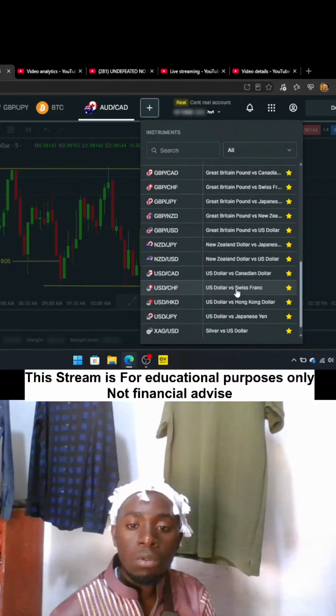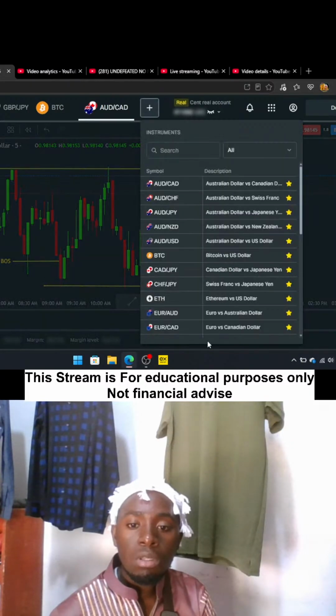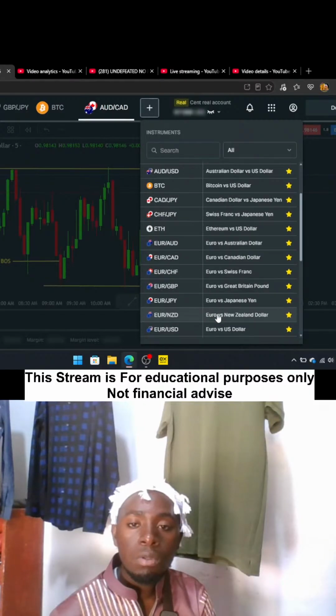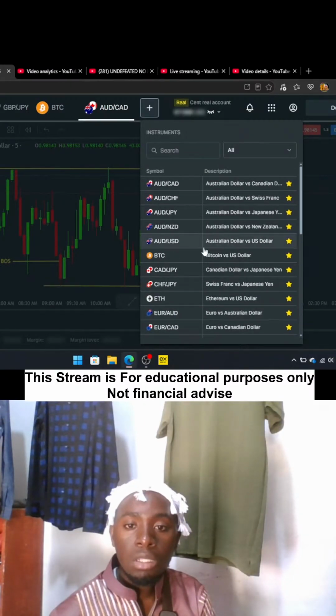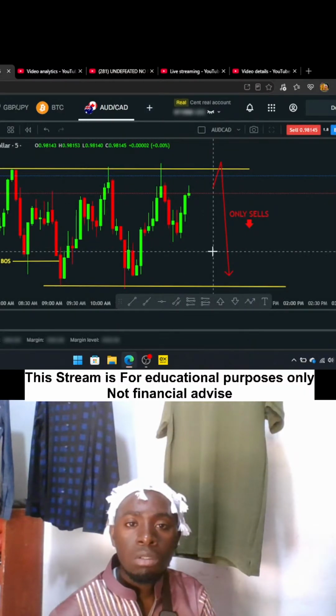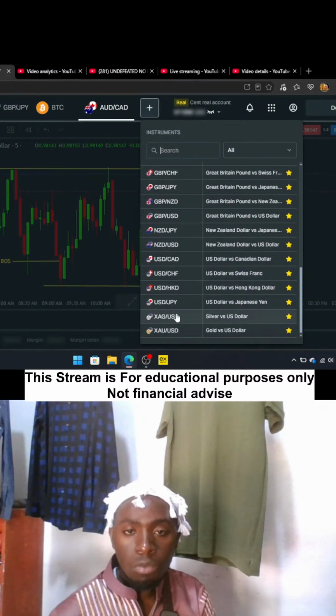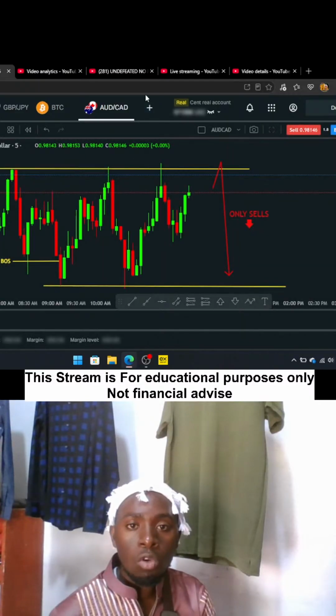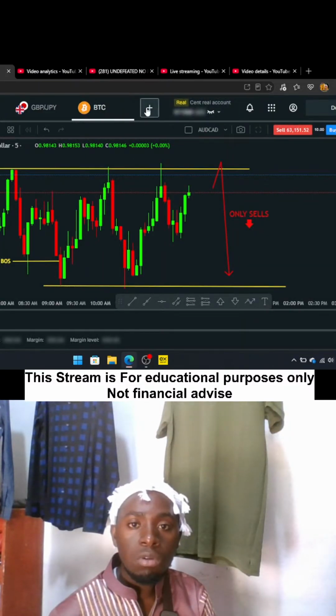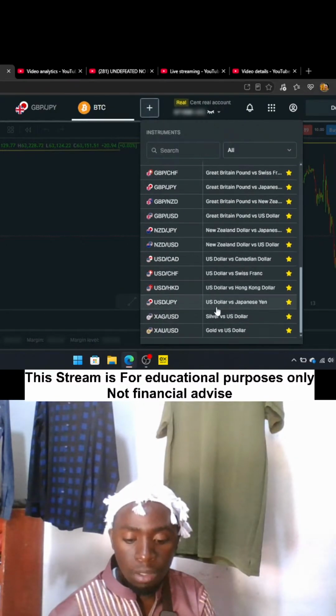It will be somehow congested. Let me see, AUD. I can't add the same pair up there, which is weird. So maybe what I'll be doing, if I save that pair, I can always remove it and open another one.